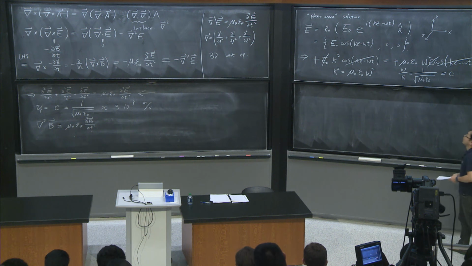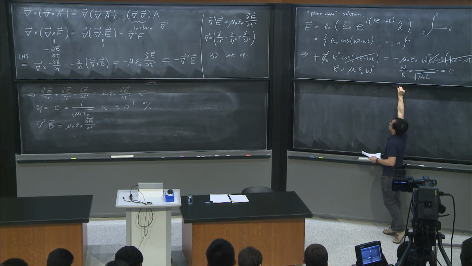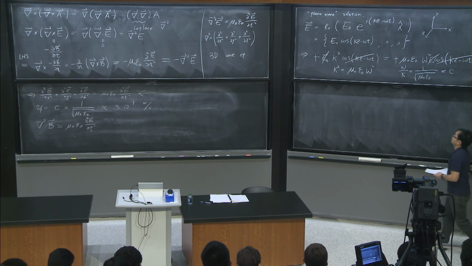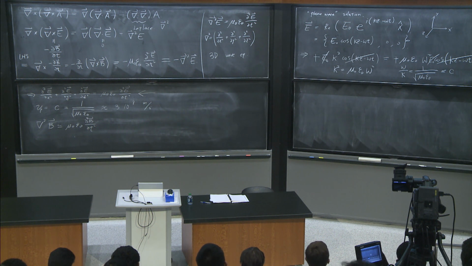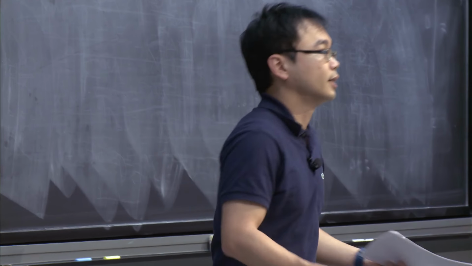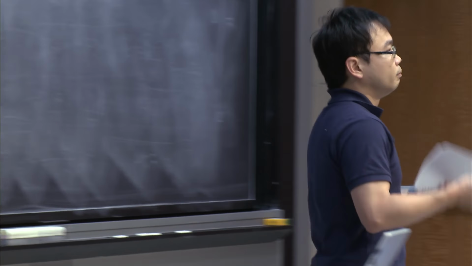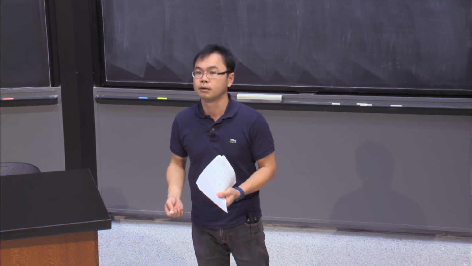So now I have derived the electric field and also know the relation between omega, the angular frequency, and k, the wave number. And now, what about the magnetic field? I just mentioned before, the magnetic field cannot live without the electric field, and the electric field cannot live without the magnetic field.